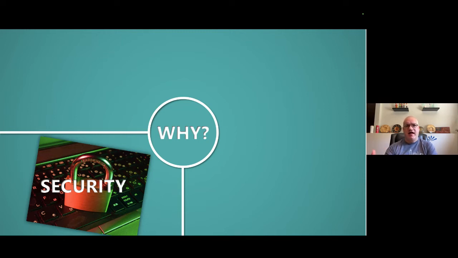Whereas if I'm running in the cloud, I don't even know necessarily what server my software might be running on. I don't necessarily know specifically what data center it's in and how secure or not secure that might be, right? So it's more of a perception than a reality thing in terms of security. I think from a security perspective, the cloud providers are doing as good or better a job than most of the enterprises that I've seen.